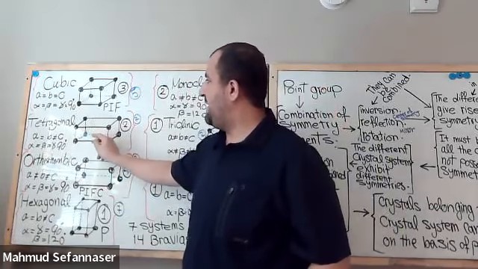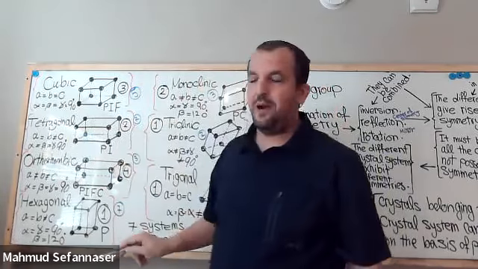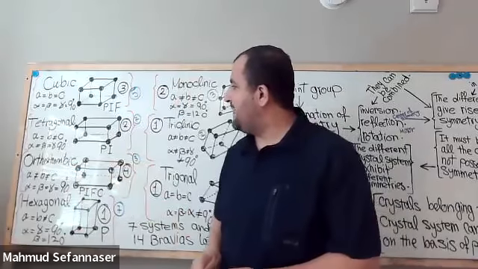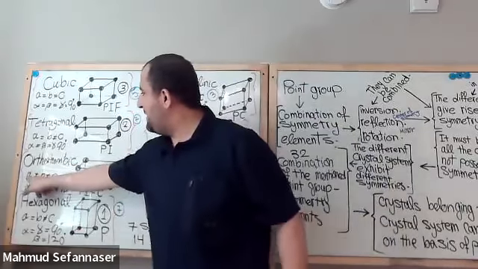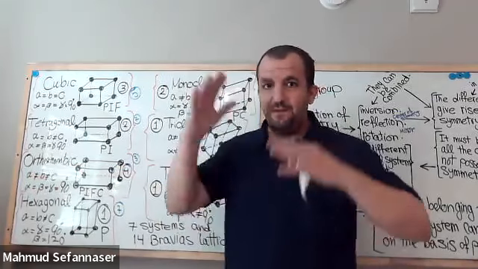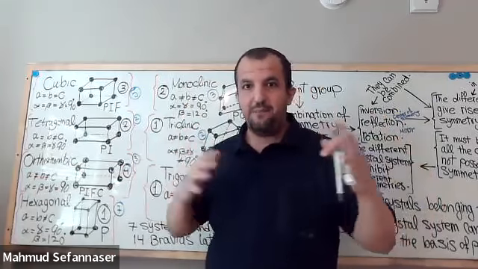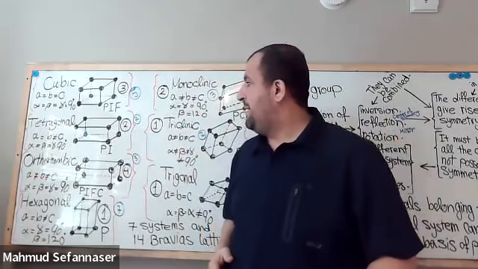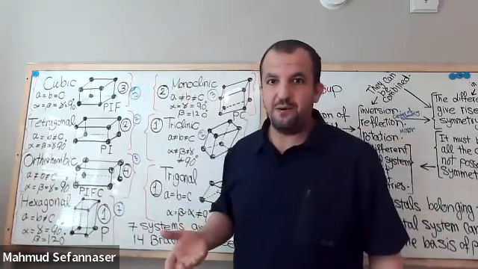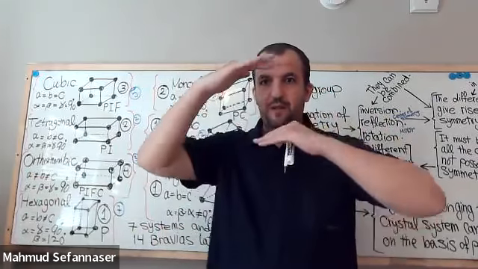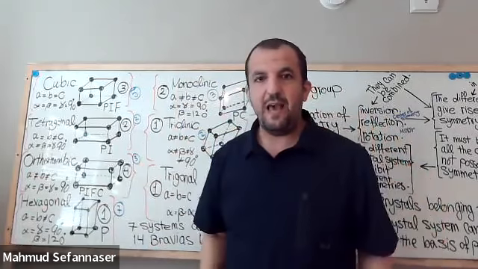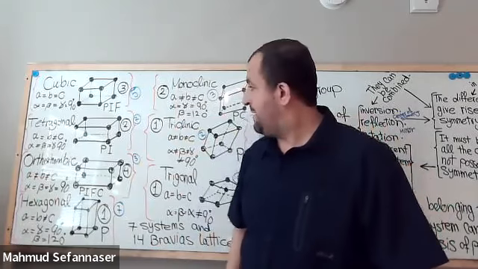If we come to orthorhombic, you can see that a is not equal to b and is not equal to c. Different lengths, guys. So a, b and c are not equal, and alpha, beta and gamma are still 90 degrees, but a, b and c have different lengths.